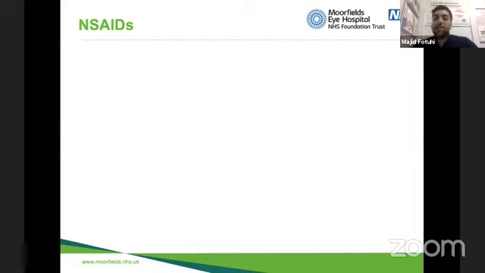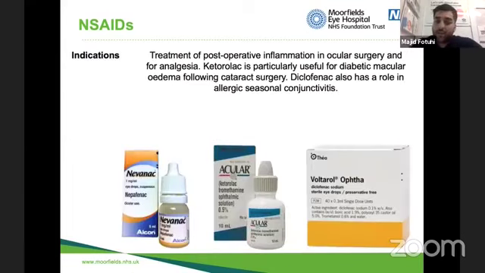So yeah, as I said, steroids are the mainstay of treatment in uveitis, but we do use other anti-inflammatory groups. Non-steroidal anti-inflammatories aren't indicated in uveitis as such, but they are used for treatment of general post-operative inflammation in ocular surgery, and also because they work as quite potent topical analgesics.